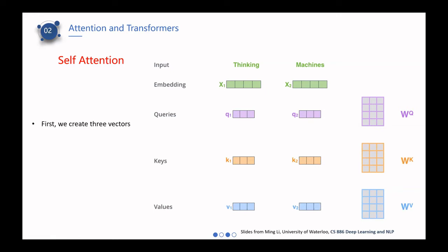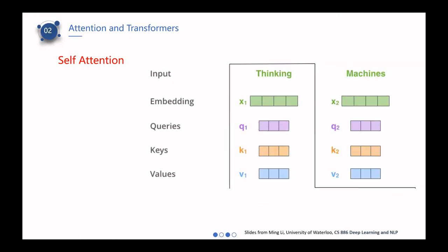Now we create 3 vectors by multiplying the input embedding with these matrices. Each word we multiply with these, and we get Qi, Ki, and Vi. Very easy. Once we have those, we proceed further.